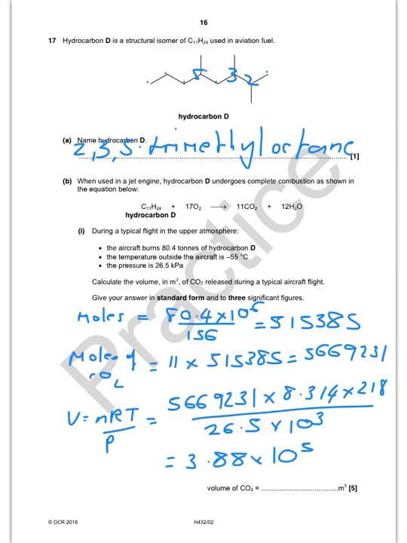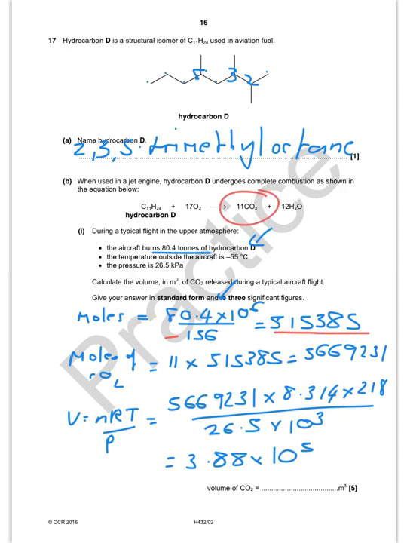Right, so we've now got a calculation to get through. So we'll whiz through this. First of all, you're going to find your moles of hydrocarbon D that you start with. So you've got to convert your 80.4 tons into grams, which we've done there, and then convert that into moles by dividing by the molar mass of your hydrocarbon D, which is 156, gives you that.